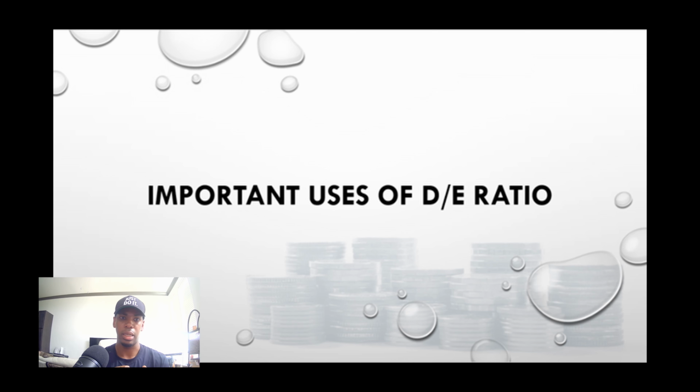Okay, D/E ratios can be tricky though. They can be tricky to compare to other businesses. So it's best to use this ratio in conjunction with other types of analysis. The use of a D/E ratio to assess a company's level of debt should always be considered as part of any analysis process, right? Because it's important to keep in mind that high leverage will always increase risk, right?